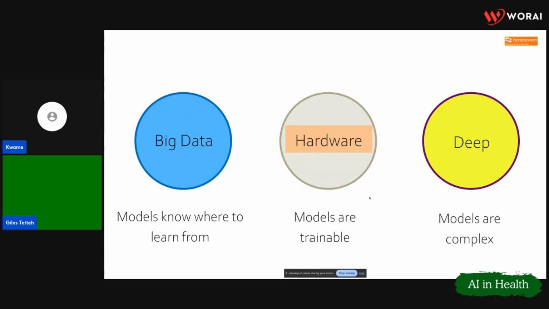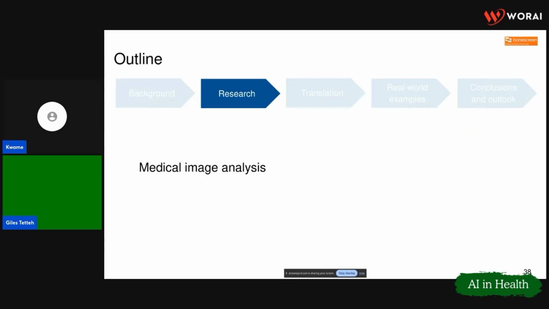So the models are now better because we have a lot of data, and this is very important when we come to the applications in medical field. And then there is hardware, and then the models are now more complex, and they help to boost the performance. Now, with all these successes, we now move to medical image analysis.